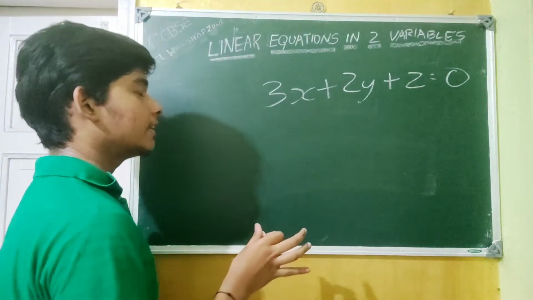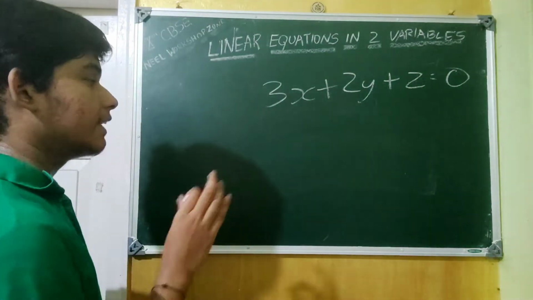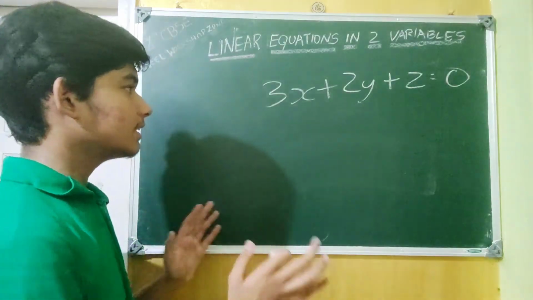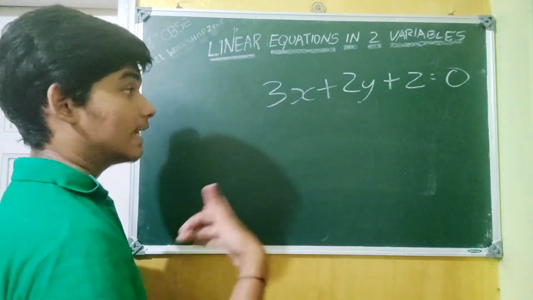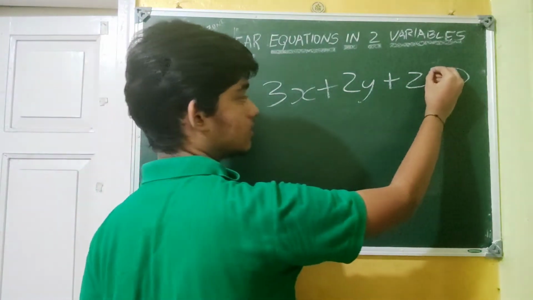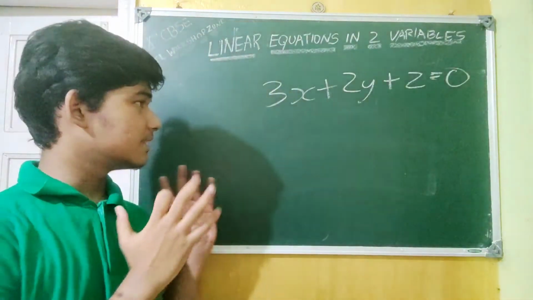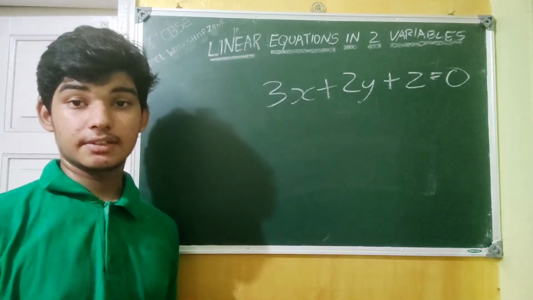That is the main difference between an equation and an algebraic expression. We'll talk about that as we move on, but that is basically an equation, an algebraic expression which has an equals to.